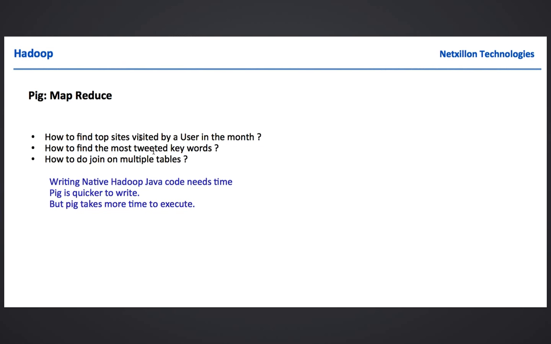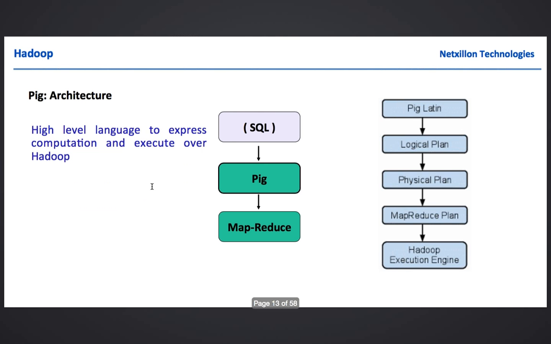If I have a project timeline, say you are working on a project with a software cycle and you know that in the next 2 or 3 months we have to develop this project, then I will go with Java, no doubt, because execution is fast, it is much more robust, a very good way to write your code. But for ad hoc things, I will always go for Pig. Quicker to write, no need to write Java.